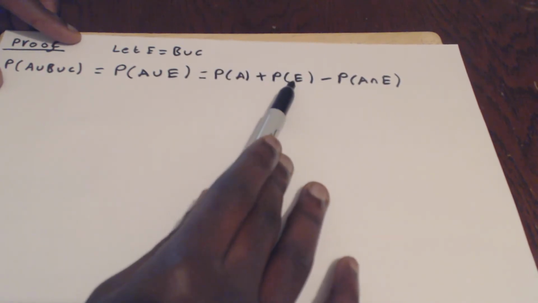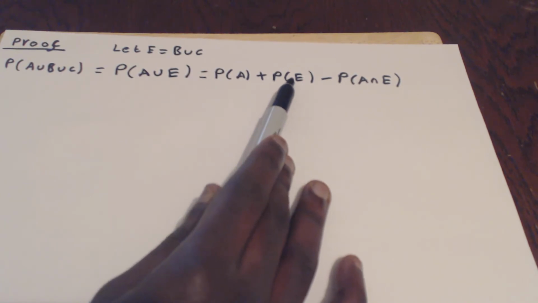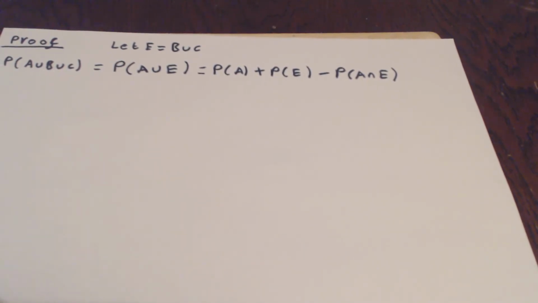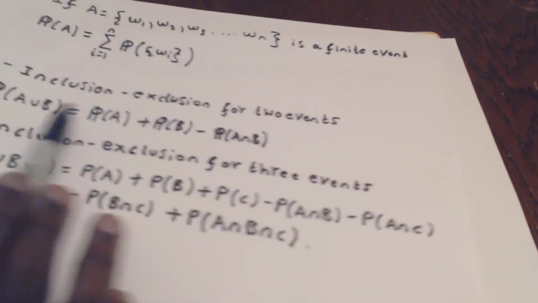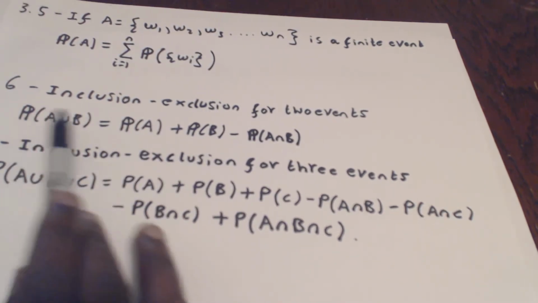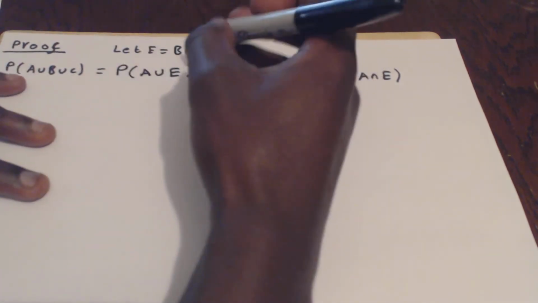So obviously this is the same as B union C. Again, applying inclusion-exclusion for two events, I can write B union C as the probability of B plus the probability of C minus the probability of B intersection C. It's just the same as before, but instead of A union B, I've got B union C. And that's what I'm going to substitute the probability of E with.